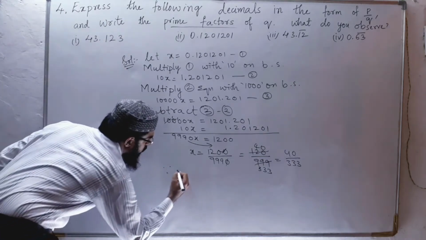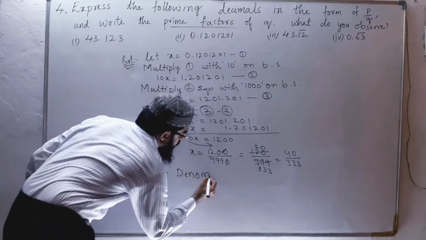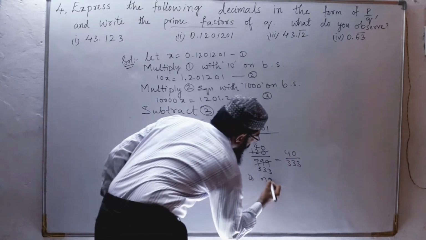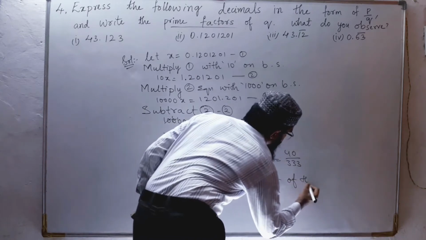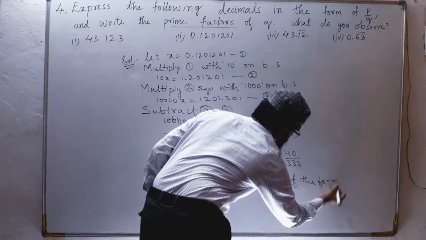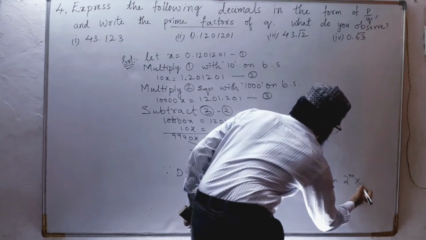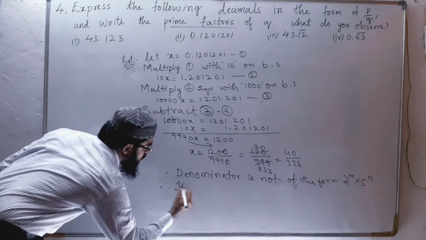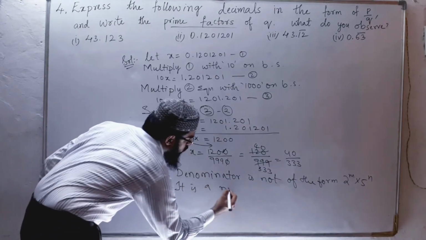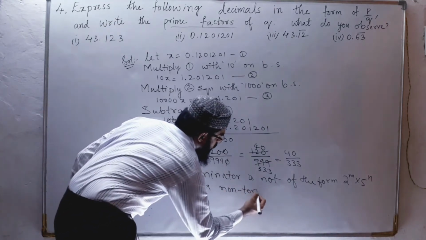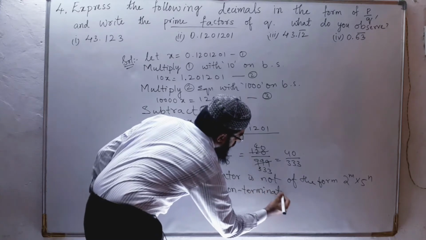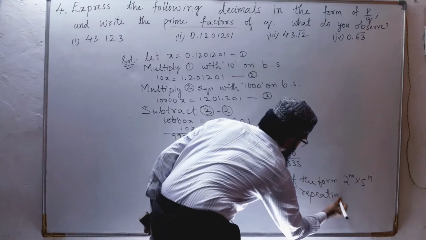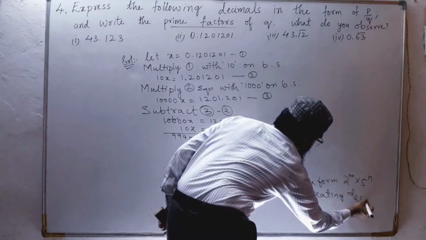So since the denominator is not of the form 2 to the power of m into 5 to the power of n, therefore it is a non-terminating repeating decimal.